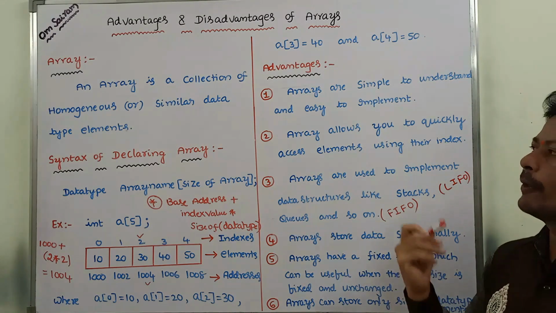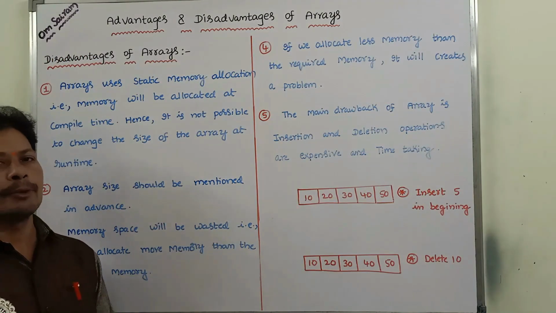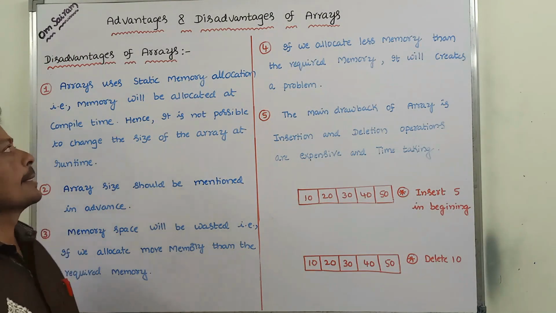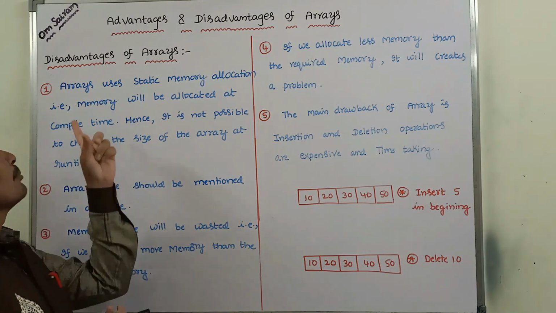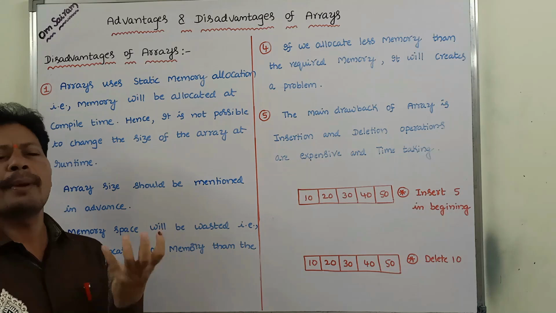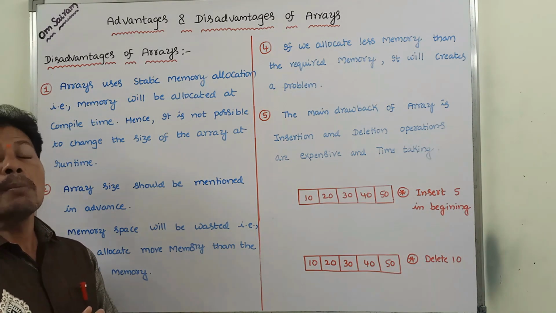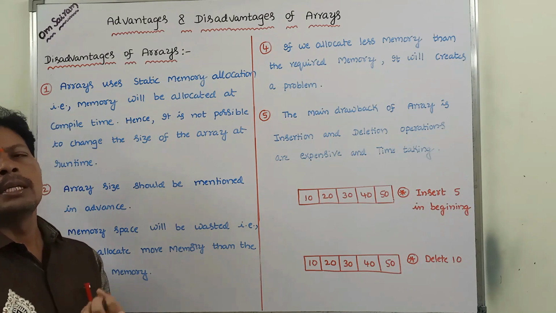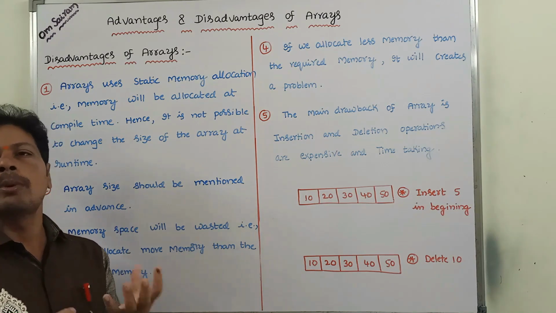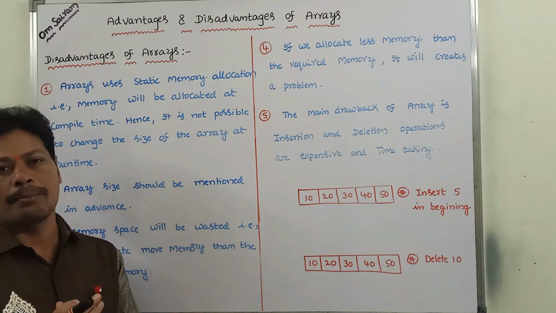Next, we can go for the disadvantages. Coming to the disadvantages of arrays. First point, arrays use static memory allocation. That means for the entire array, the memory will be allocated at compile time. It is not possible to change the array size at runtime.